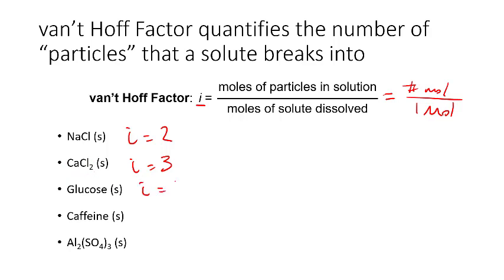Glucose will have a Van't Hoff factor equal to 1 because there's simply one glucose that turns into aqueous. Caffeine, again, Van't Hoff factor equal to 1. And aluminum sulfate, Van't Hoff factor of 5. 2 aluminums, 3 sulfates, gives us an i of 5. So the Van't Hoff factor simply tells you how many particles a given solute breaks into.